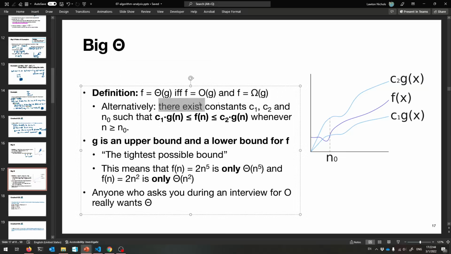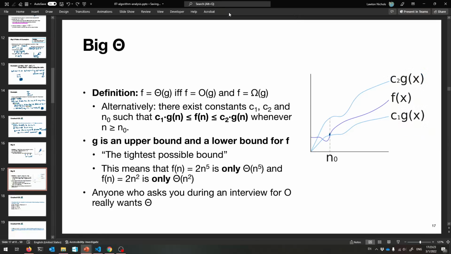That means that there exist constants c1 and c2, and also n naught, such that f is bounded on both sides, right? Below by big omega for a certain constant, and above by big O, just normal big O, for another constant. f is sandwiched between them as long as n is greater than or equal to some n naught. So you find a good one. Here's your n naught, such that it's always the case that f, for those carefully chosen constants, is sandwiched between the same function.